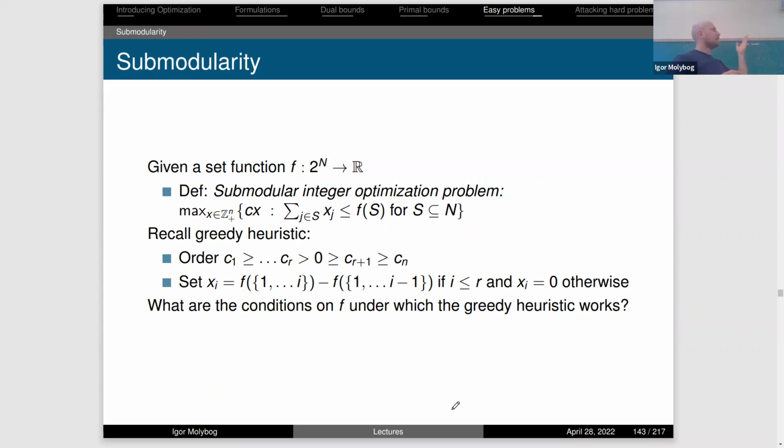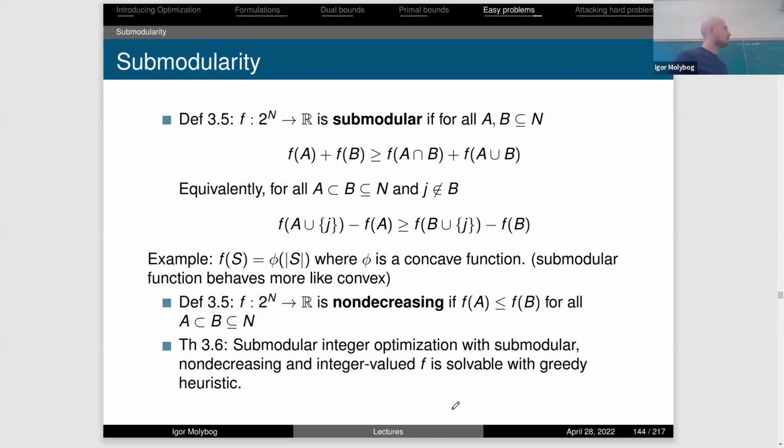And then there is a class of problems that is solvable with algorithms that are normally used for primal bounds, which are basically the heuristics that we are using. And this class is constructed out of problems that have some properties, for example the submodularity property. We did not speak too much about it, but it's important to know that such problems exist, and they form a very important class of mathematical objects actually.